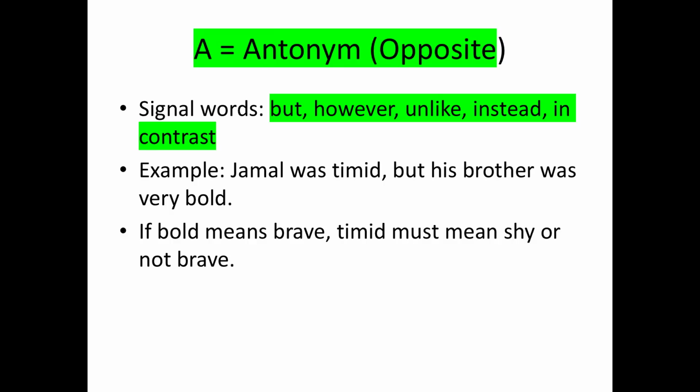What could that word be? Bold. So it gives you the opposite in this sentence. If bold means brave, then timid must mean shy. Make sure you have that. Now let's go to the next one.